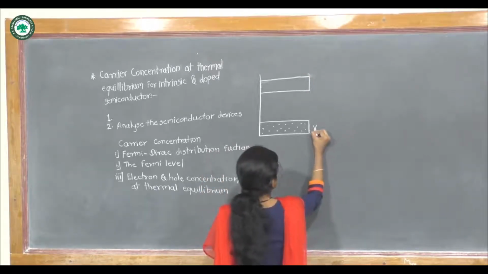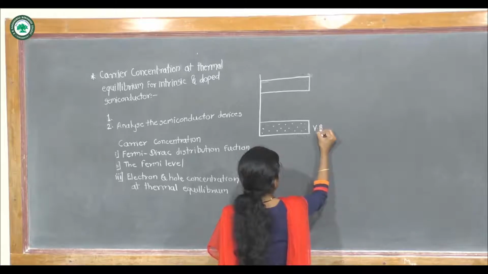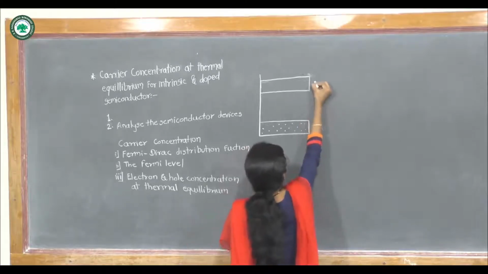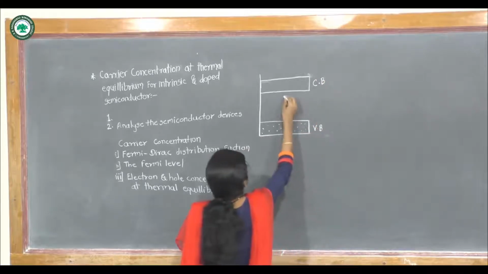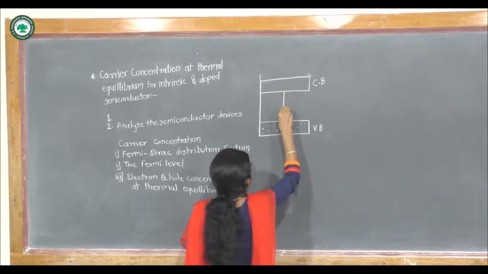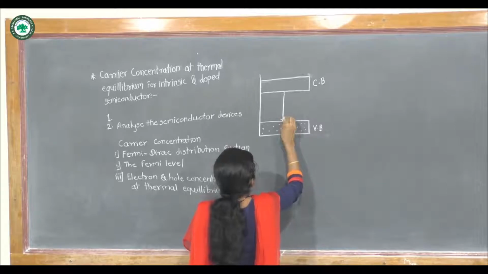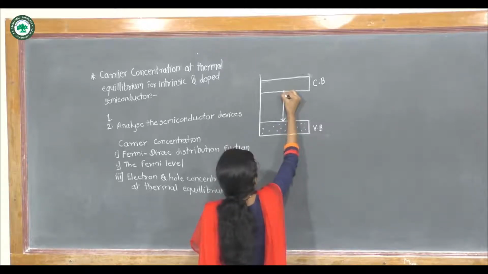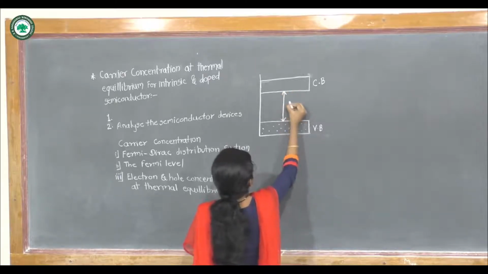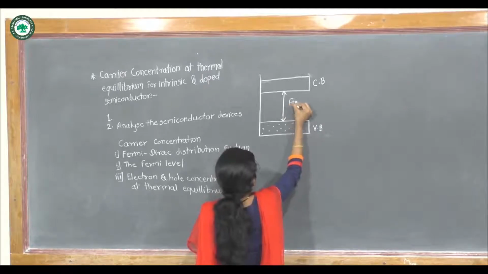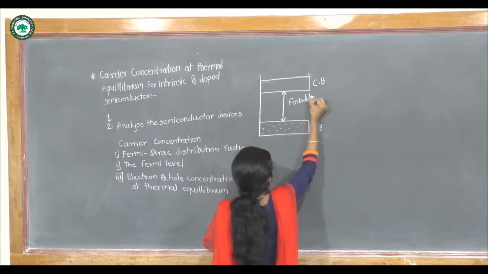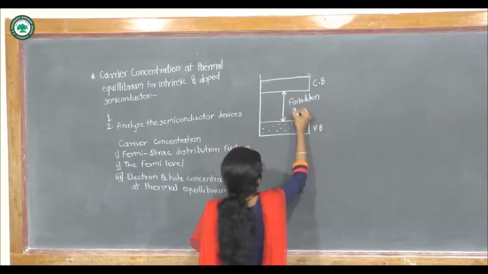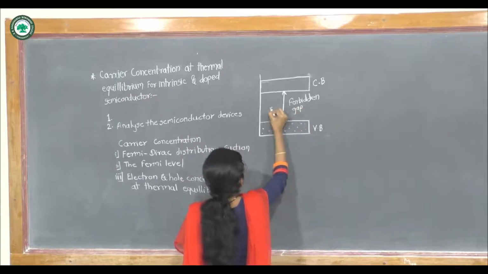This is the valence band which is totally filled, and the conduction band which is totally empty, and the distance between the valence band edge and the conduction band edge is nothing but the forbidden gap, which is denoted by Eg.